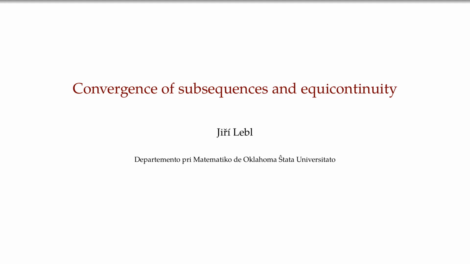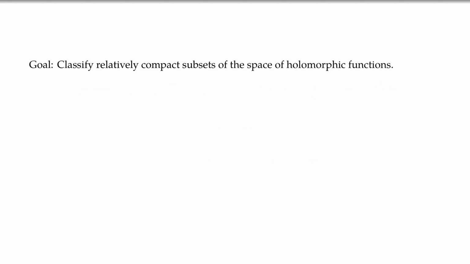All right. So, what's our goal first? We really want to, if we look at the space of holomorphic functions, maybe on some domain, figure out when do we know that such a set is relatively compact, meaning when do we get that every sequence has a convergent subsequence.